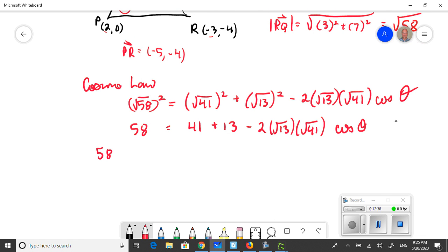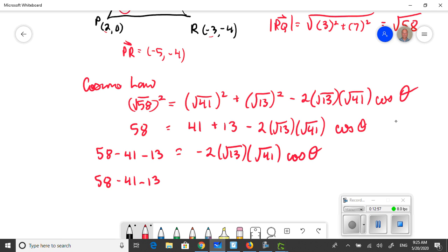As is, that'll be 58 minus 41 minus 13, so I'm bringing the constants over. Okay, so now I can divide by that coefficient of negative 2, square root 13, square root 41, close my bracket, that equals cos theta. Now I can go to my calculator.